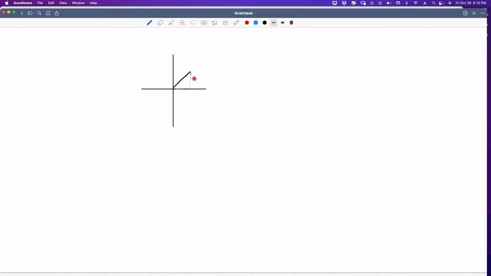Now we use I. I is going to be your x-axis, and J is your y-axis. The way I remember the difference is that this is the x-axis, and this is the y-axis. Y has a tail, J has a tail, so they go together.